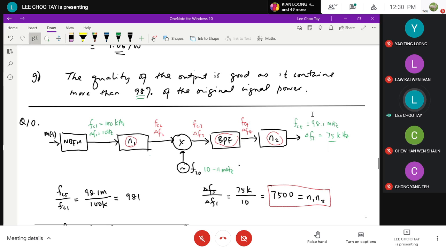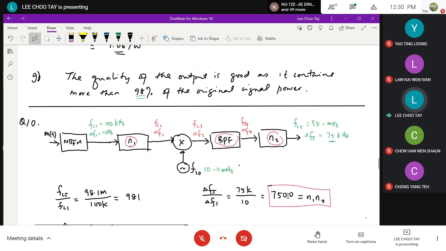But what about frequency deviation? If you take the ratio of delta F5, which is the final one, over the initial one that comes out from the narrowband FM generator of 10 hertz, that will be 7,500 times. So this is our N1 and N2. N1 times N2 should give us 7,500.